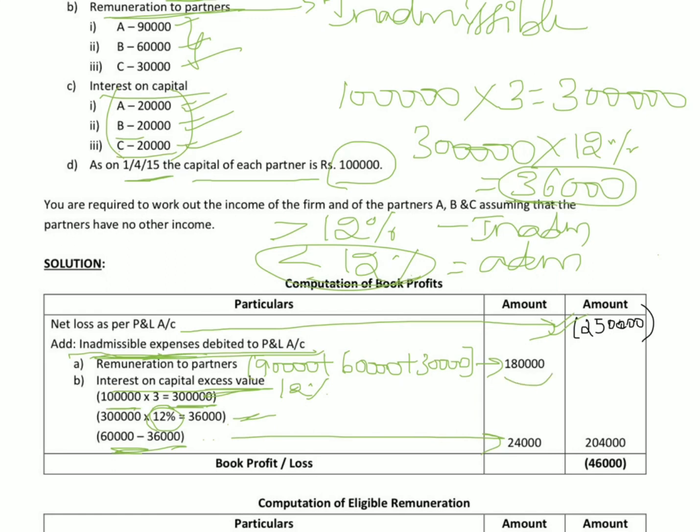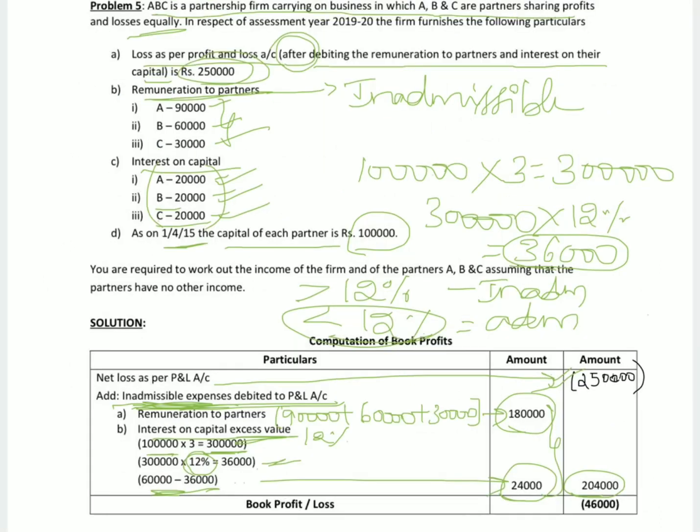So 1,80,000 is the remuneration, which is an inadmissible expense. Again we have 24,000 interest on capital, an inadmissible expense. When you sum up these two values, you get 2,04,000. So 2,04,000 will be treated as inadmissible expense of the firm. Now we have a net loss in the problem of 2,50,000, right?